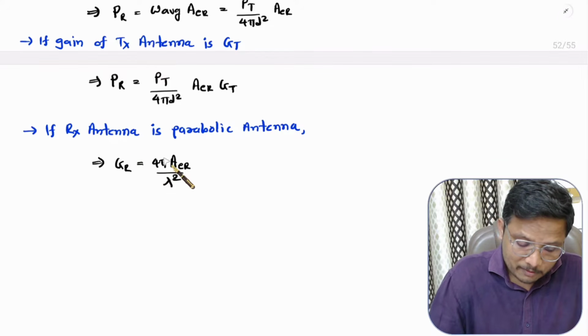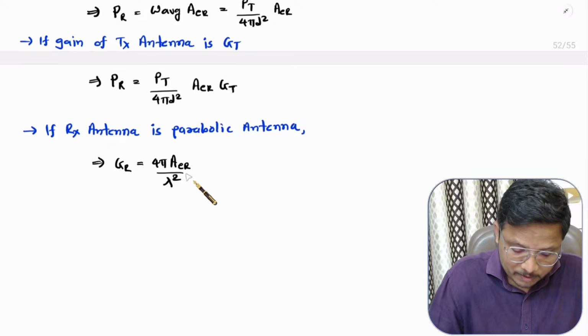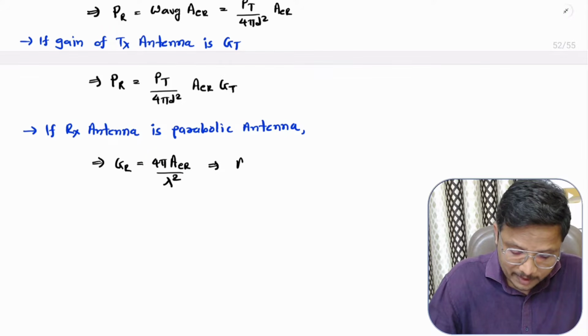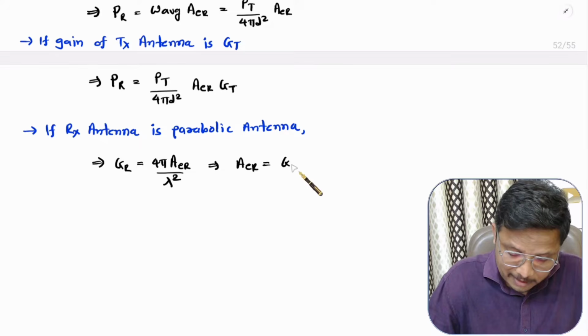So the effective area of the receiving antenna is the gain of the receiving antenna GR times lambda square divided by 4 pi.